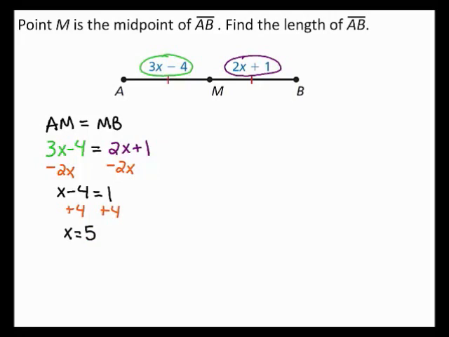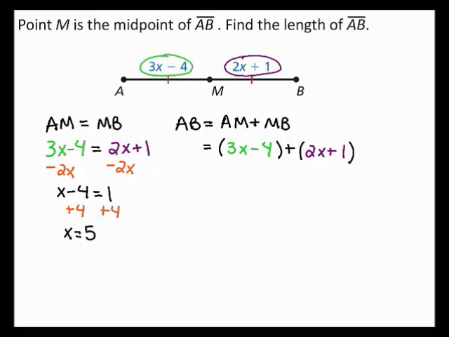Now, by the segment addition postulate, the length of segment AB is equal to the length of segment AM plus the length of segment MB. Again, you can substitute 3x minus 4 in for the length of segment AM, and 2x plus 1 in for the length of segment MB.